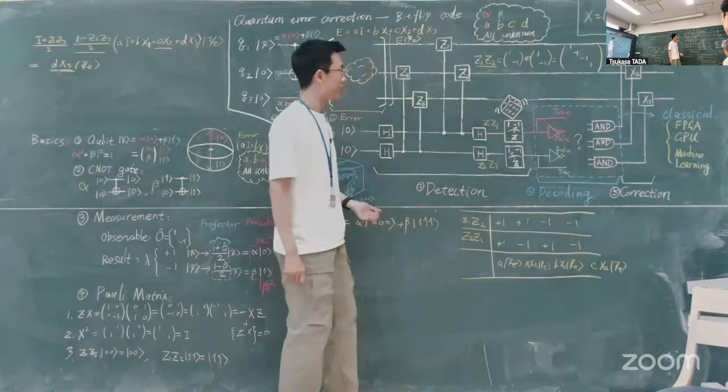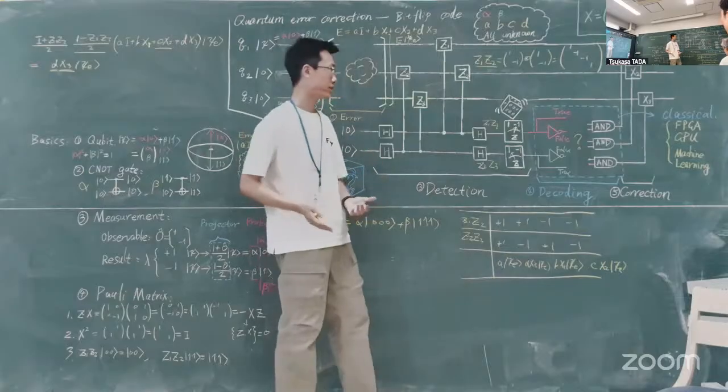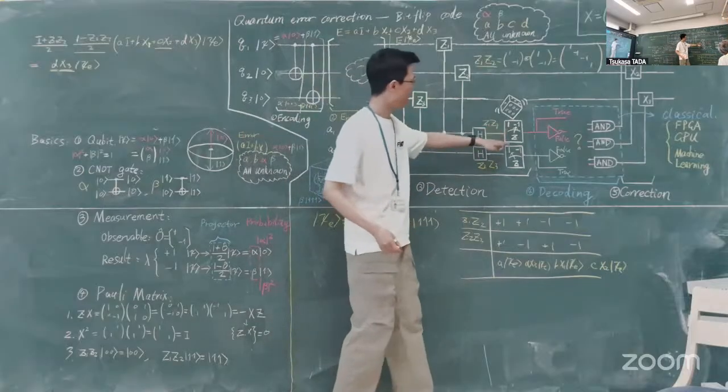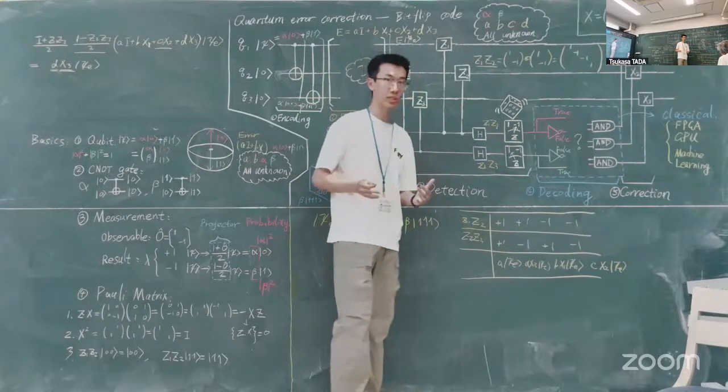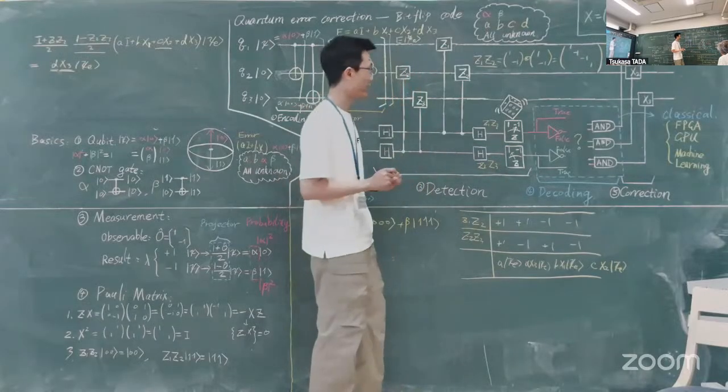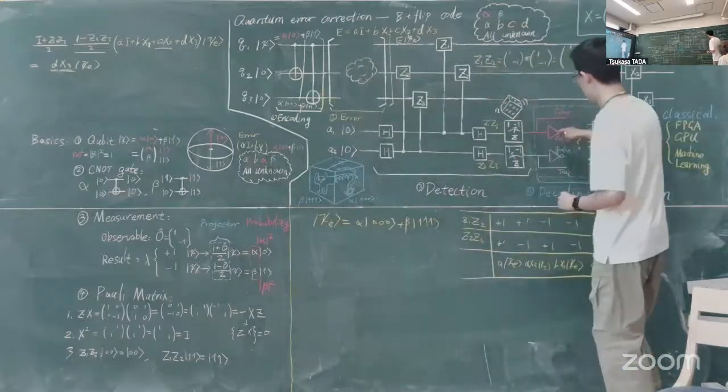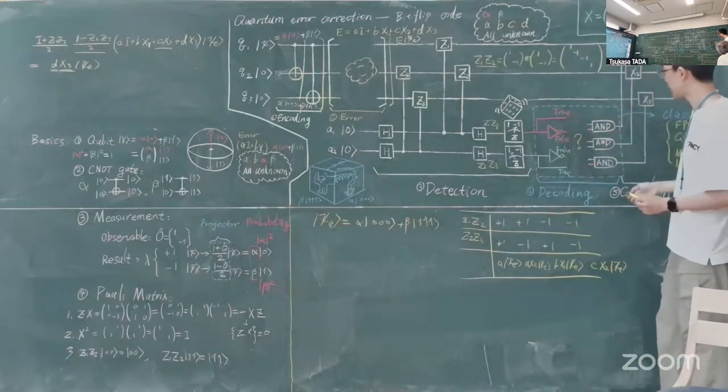To correct this error, we need some classical calculation, which means after this measurement result, we should design some classical digital circuits, including this NOT gate. This is the symbol of the NOT gate.